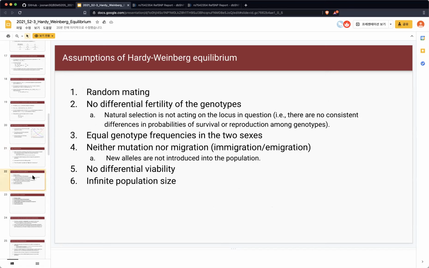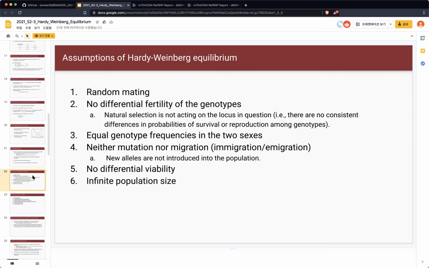When we think about the Hardy-Weinberg equilibrium, we assume lots of things. The first is that the population has random mating, and no differential fertility of the genotypes, that is the key thing. Also, natural selection is not acting on the locus in question.